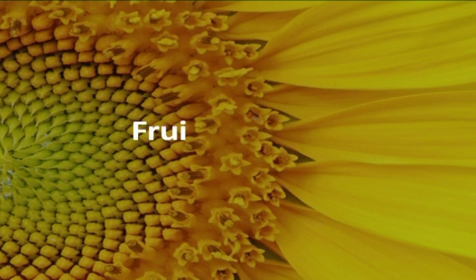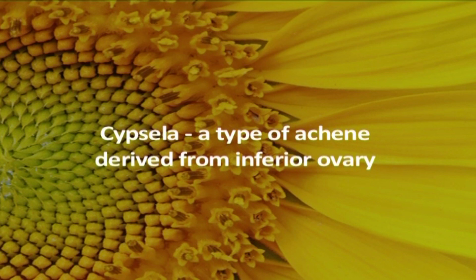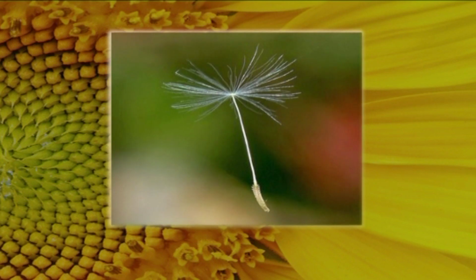Now, the fruit. Fruit in the case of Asteraceae is called achene, or more technically, it is called cypsela. Cypsela is basically a type of achene which is derived from an inferior ovary. The fruit is always covered by a persistent pappus at its apex.